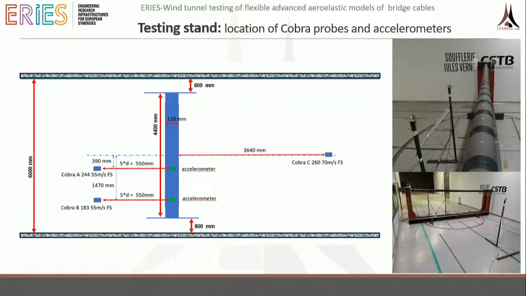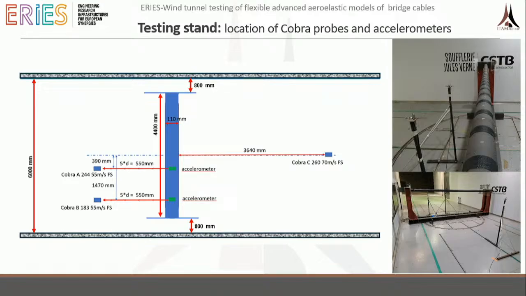Here is the plan view of how it was put in the wind tunnel. You can see that the length was about 4.5 meters. There was a space of 800 millimeters, and here are the side plates, and the flow was measured by Cobra probes.